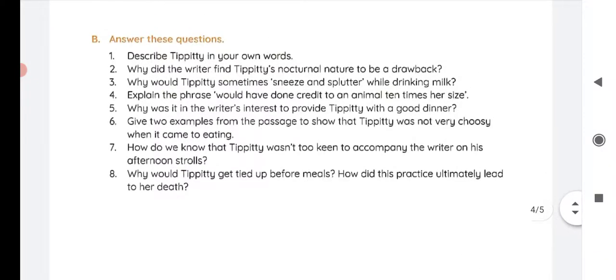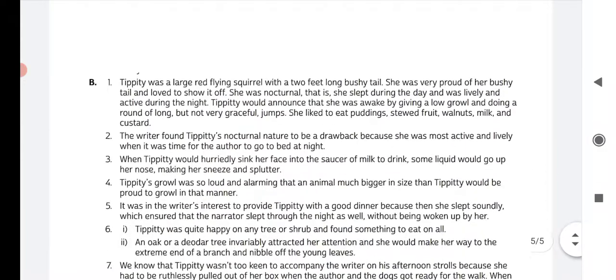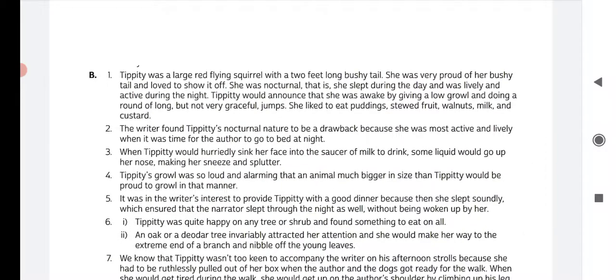And the second question, why did the writer find Tippity's nocturnal nature to be a drawback? That was the only minus that she had. The writer found Tippity's nocturnal nature to be a drawback because she was mostly active and lively when it was time for the author to go to bed at night, isn't it, children?